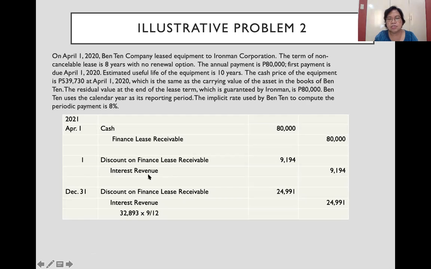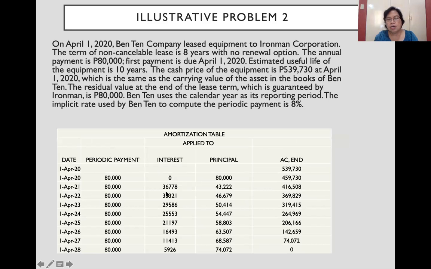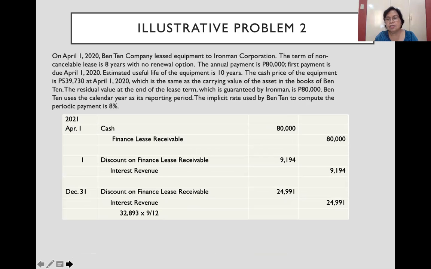So this is the interest from January 1 to April 1 of 2021, which is actually 36,778 minus 27,584. So the remainder of 9,194 is recorded as interest income for the first 3 months of 2021.